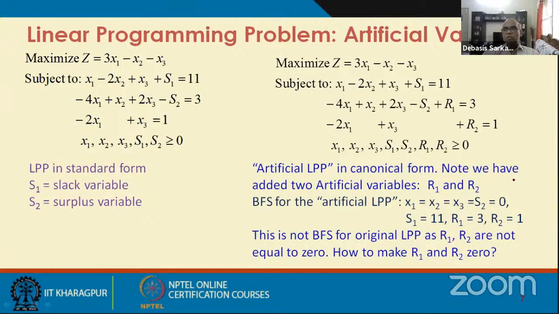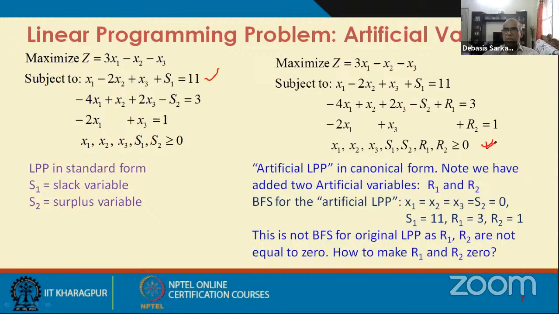So now let us introduce artificial variables. Note that we had a basic variable only for constraint 1, where if I set x1, x2, x3 equal to 0, I get s1 equal to 11, which satisfies the non-negativity restriction.